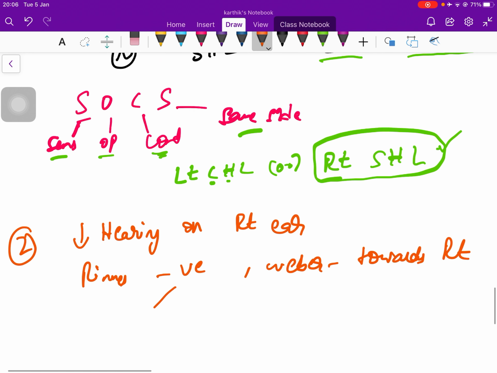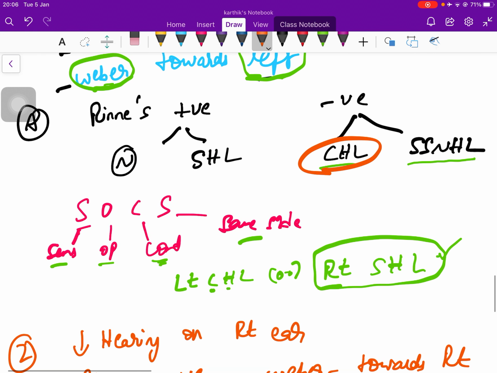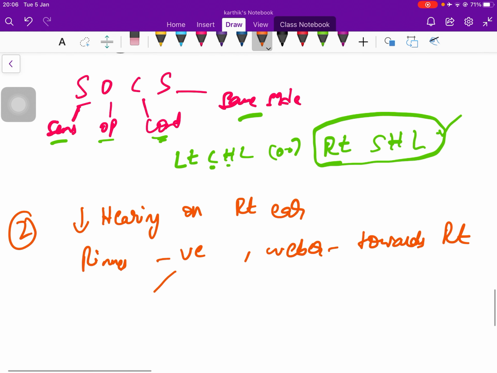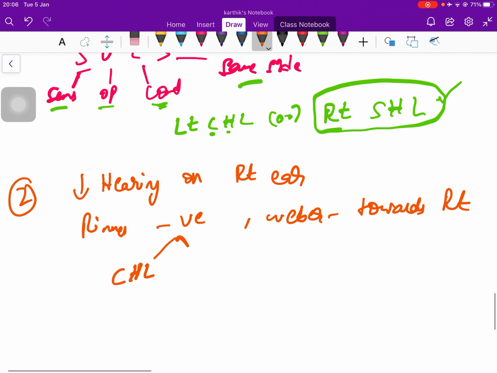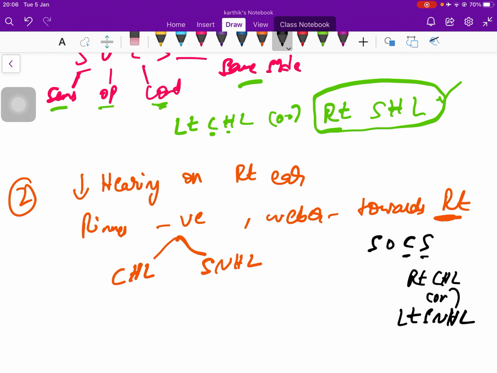Let's see: Rinne's negative, what are the two possibilities? It can be conductive hearing loss or sensory neural hearing loss. Weber is towards right. The mnemonic is SOCS: right conductive is same side. So right conductive hearing loss or left sensory neural hearing loss.